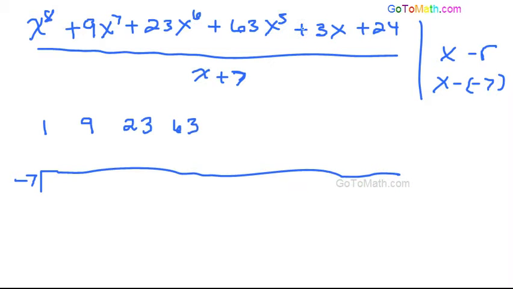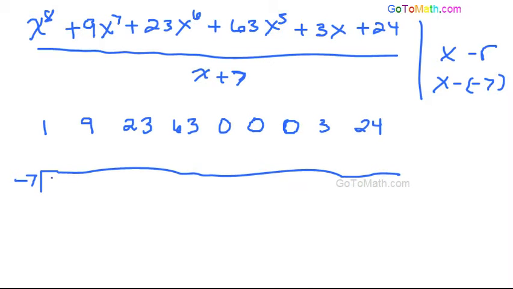There's no x to the 4th, or x to the 3rd, or x squared, so we'll have to put zeros in here. Okay, this is important. So this is going to be x to the 4th, x to the 3rd, x squared, and then this is x here, so we can put a 3 here, and then 24. Alright, we got to put these zeros in.